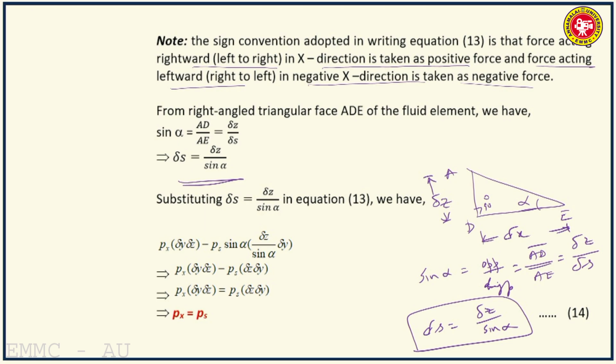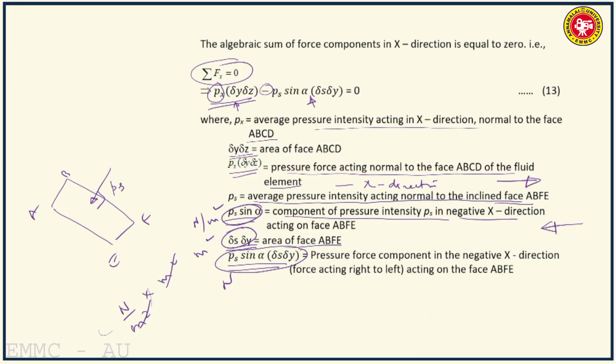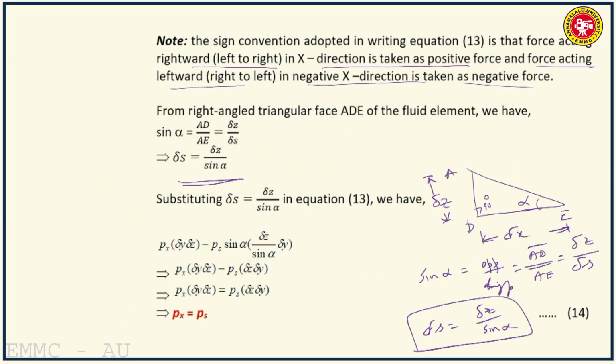So from the right angle triangular phase ADE of the fluid element, we have sin alpha equal to AD by AE, that is delta Z by delta S, therefore delta S is equal to delta Z by sin alpha. Substituting delta Z by sin alpha in this equation, we have Px delta y delta Z minus Ps sin alpha into delta Z by sin alpha delta y.